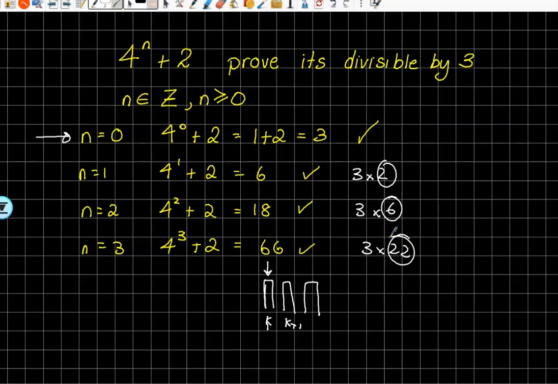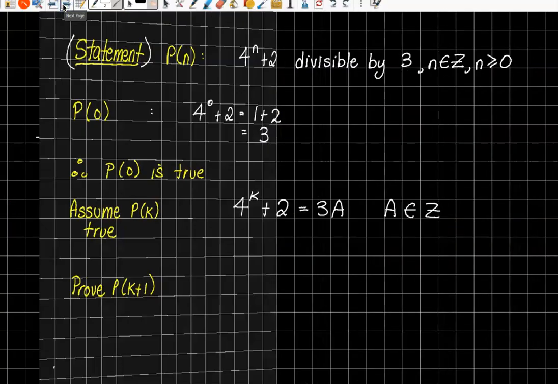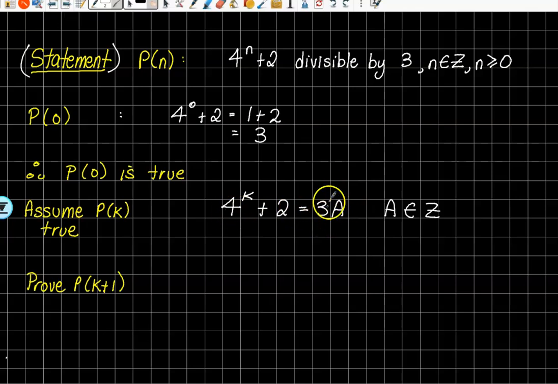If it was like 3 times 1.5, that's not divisible by 3, right? So all we're saying is if this equals 3 times a whole number, that means that thing there has to be divisible by 3. Got it?